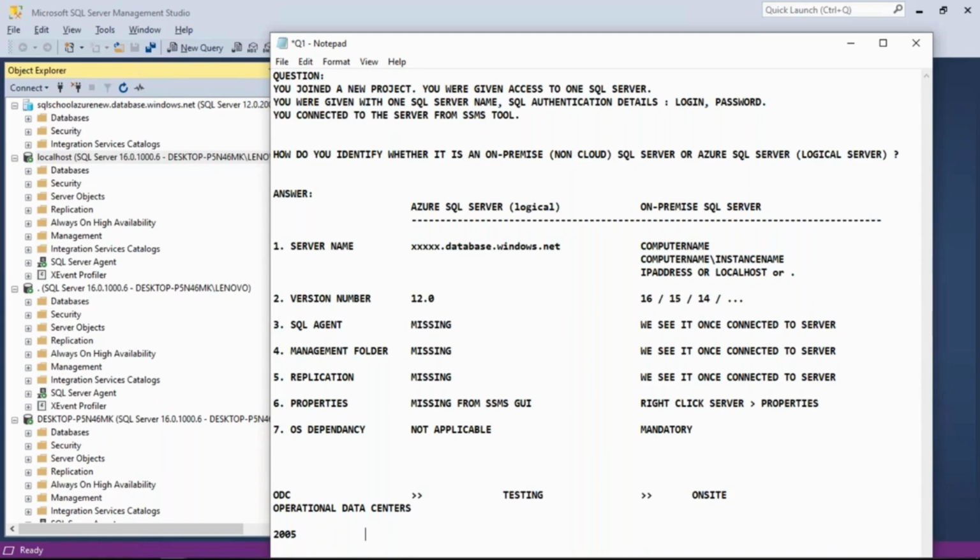I was frightened, but I had no other option. I got only one placement, that too from Microsoft, a nice company. It was a nice package, 5 lakhs per annum in 2005, which was really too much at that time. There was no ChatGPT or AI then.